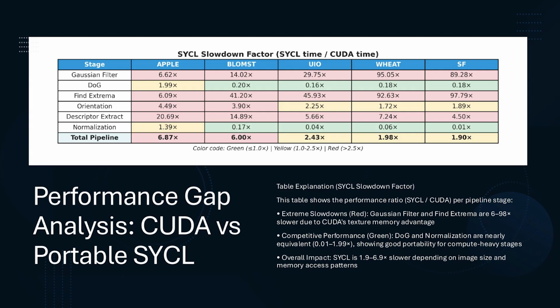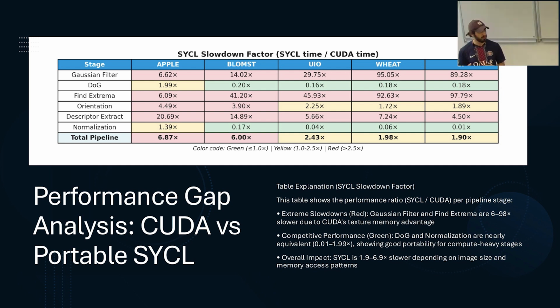The normalization stage was mainly because it was not properly optimized in the CUDA baseline. But all other stages, except the difference of Gaussian computation, have a slowdown, and I interpret it as mainly because of the lack of hardware accelerated interpolation.